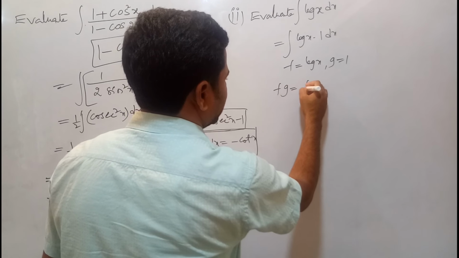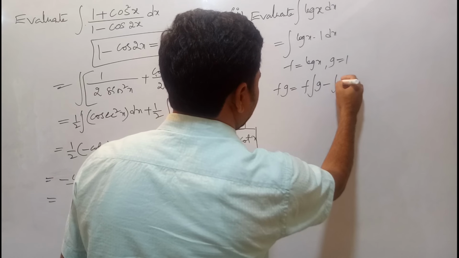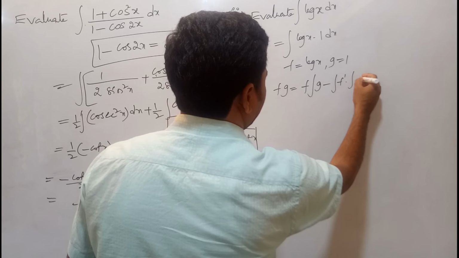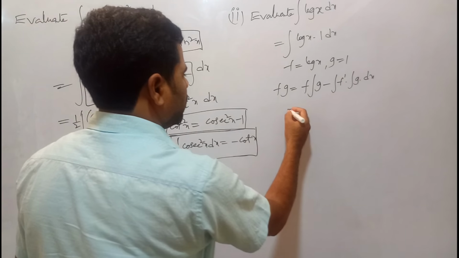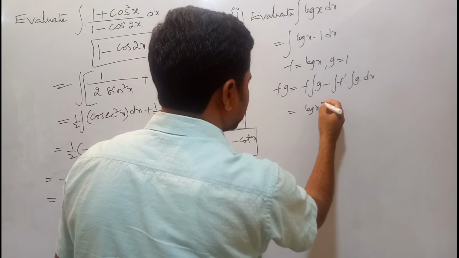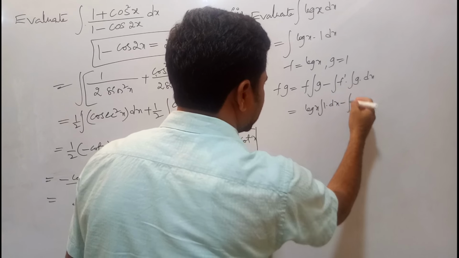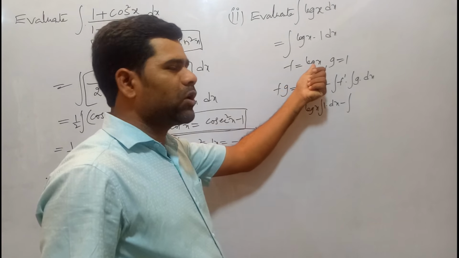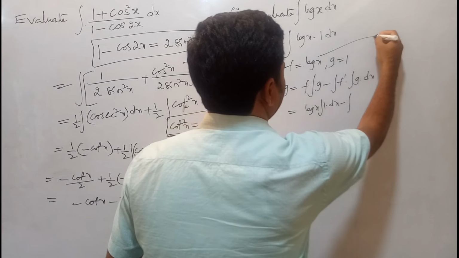Integral of f into g is equal to f integral g minus integral of f dash into integral g into dx. So what is f? f is log x, integral g means integral 1 into dx, minus integral f dash, where f is log x, then f dash is equal to 1 by x.